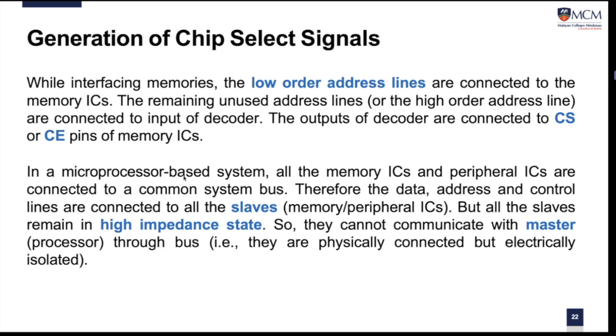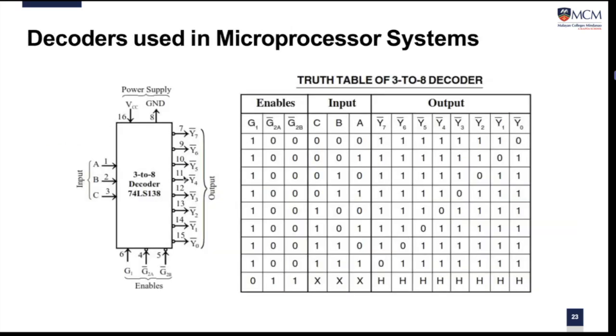In a microprocessor-based system, all the memory ICs and peripheral ICs are connected to a common system bus. Therefore, the data, address, and control lines are connected to all the slaves. But all the slaves remain in high impedance state, so they cannot communicate with the master through the bus. They are physically connected but electrically isolated.